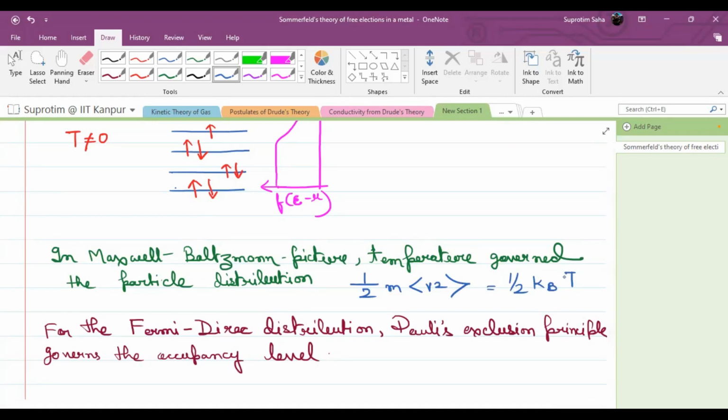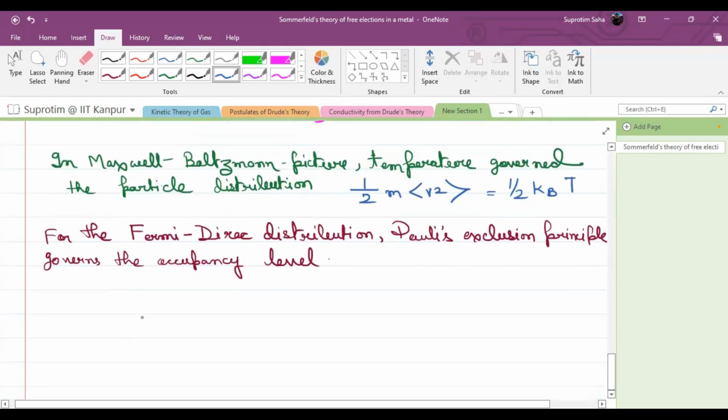So before going into deeper concepts, let us just clearly define what the chemical potential is, and also one addition, what is the Fermi energy.